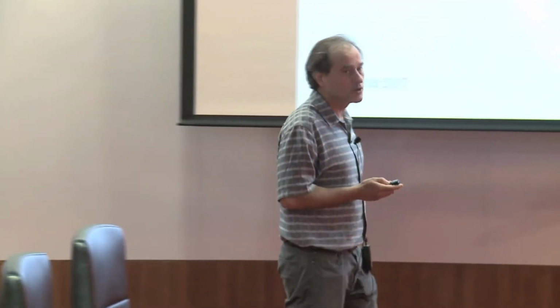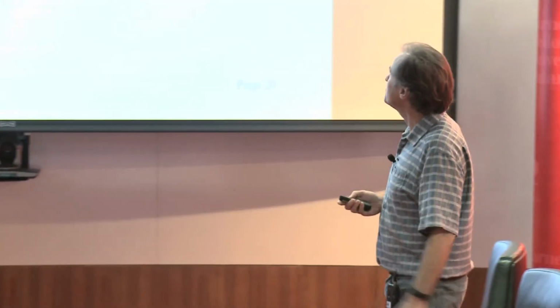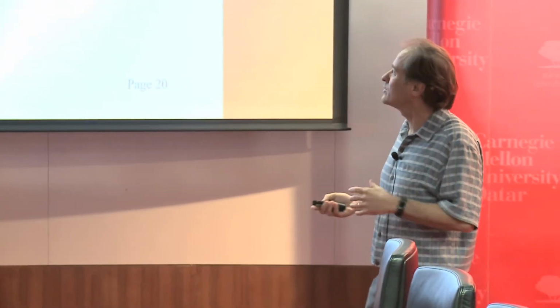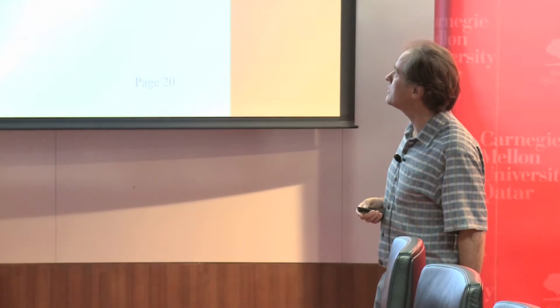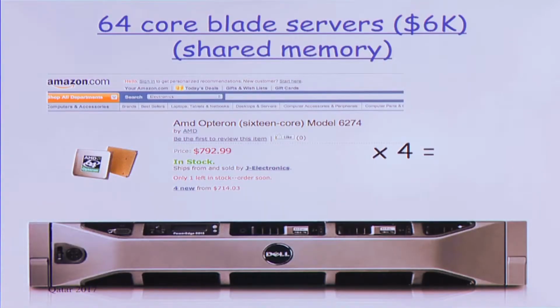And then if you look a little further, you can find one with more cores. This one has 20 cores. You pay a bit more because this not only has 20 cores, but it has a lot more cache and is a little bit fancier processor. And if you want, you can go to the Dell website and buy a machine that has 4 of those processors with 20 cores each. So you can buy 80 cores.